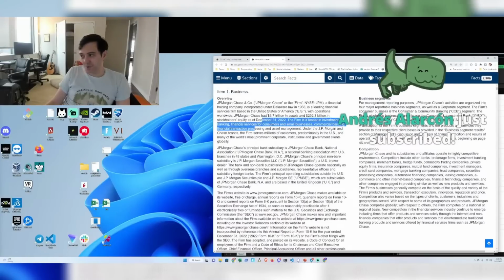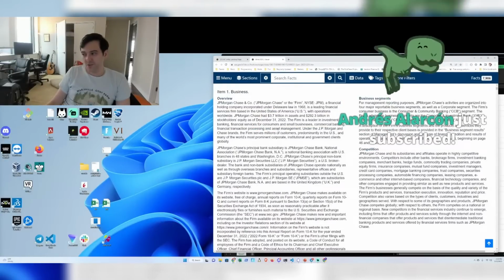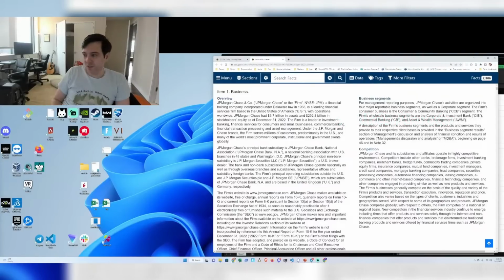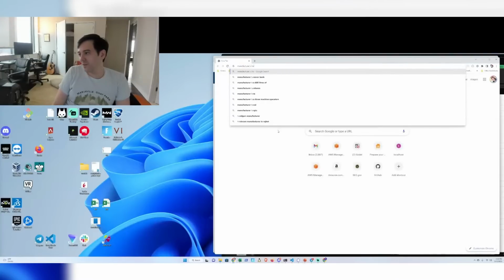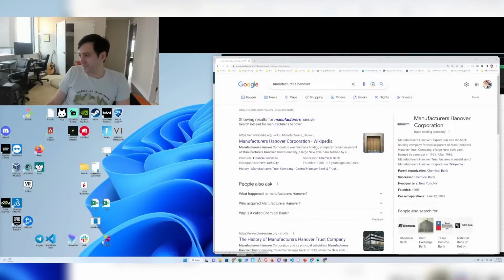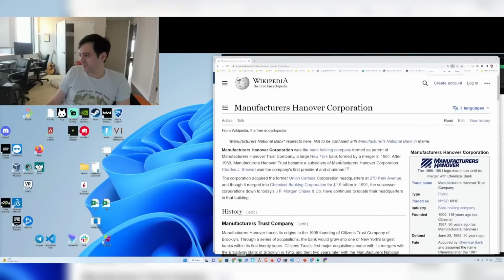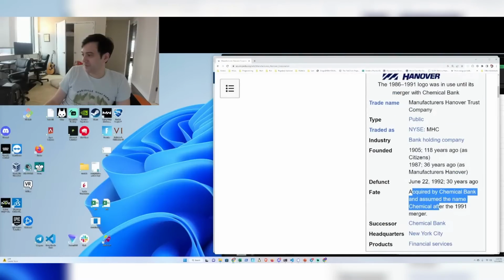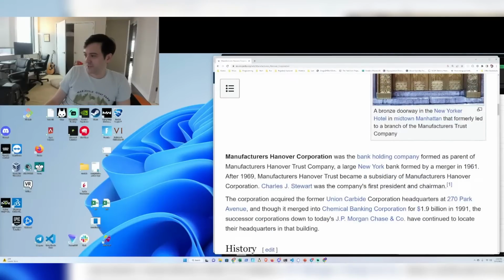So one of the things about JP Morgan that a lot of people don't know is that JP Morgan was not always a really big bank. It became a very big bank in the last 20 years. There was a bank called Manufacturers Hanover, which is now defunct, but Chemical Bank and JP Morgan created this monstrosity.